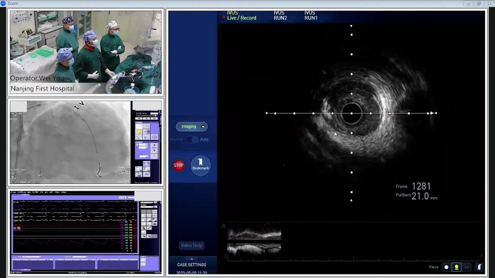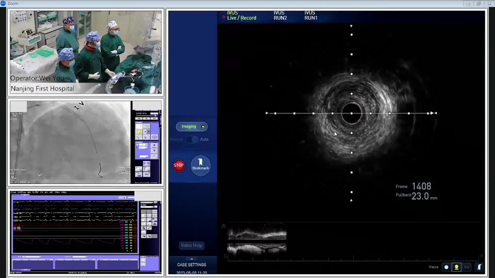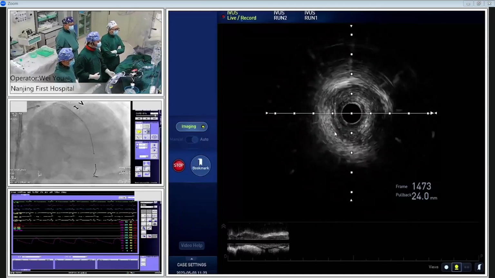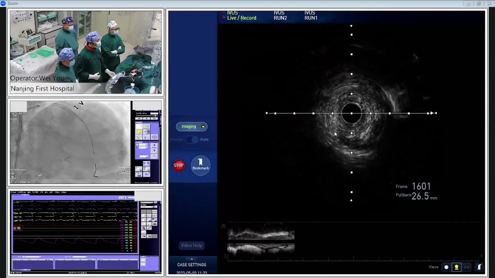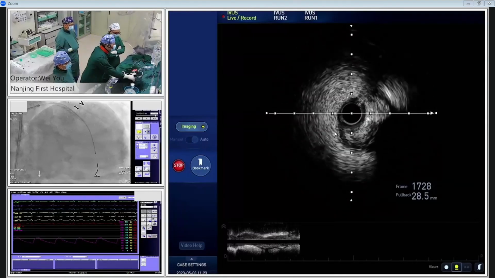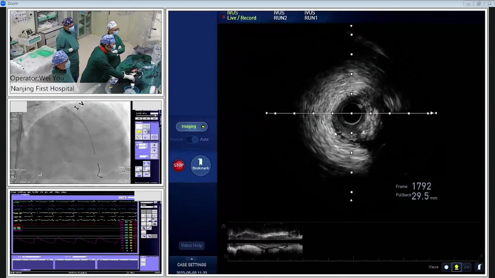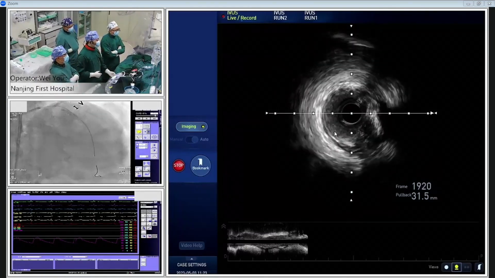I would say the distal LAD here, the vessel is more than 3.0 millimeter. Very eccentric fibrous plaque, just as in the mid LAD.